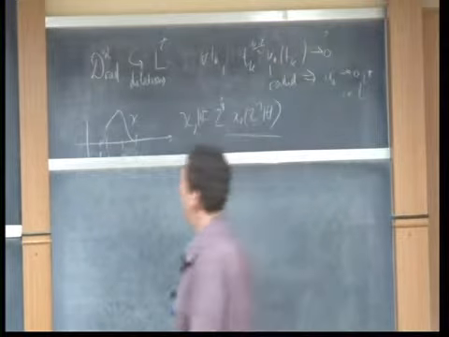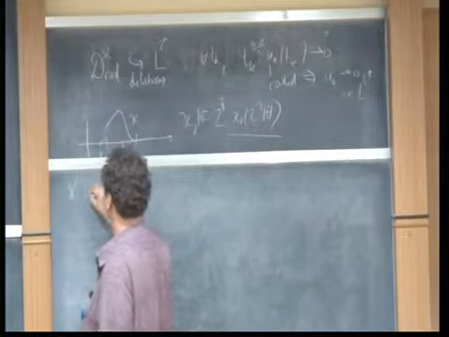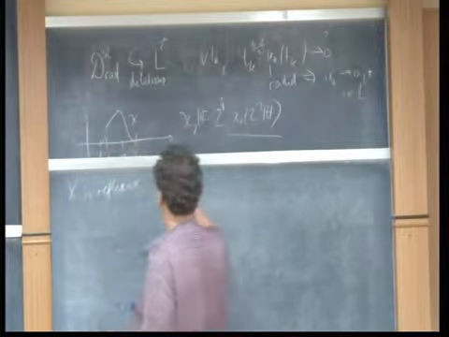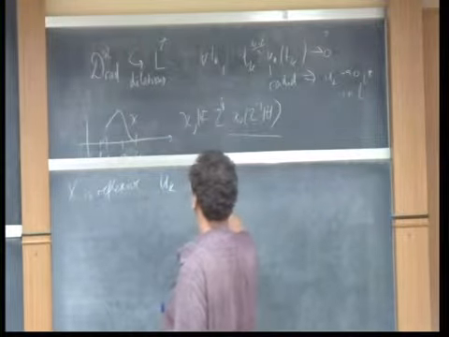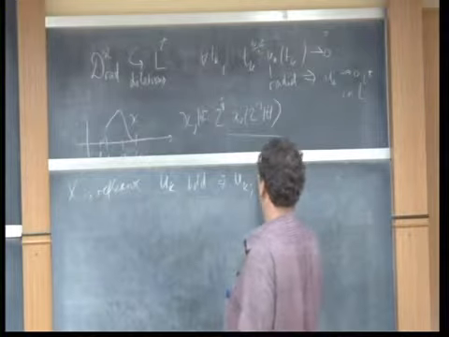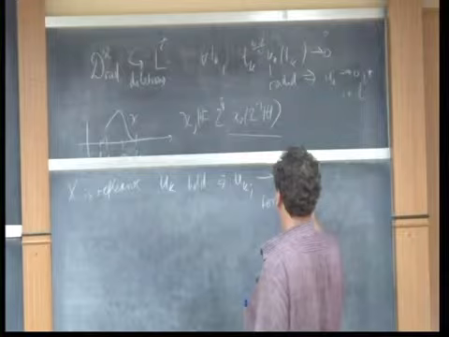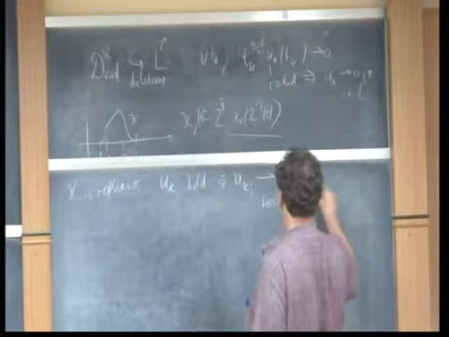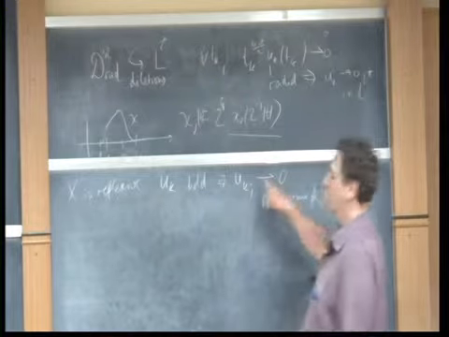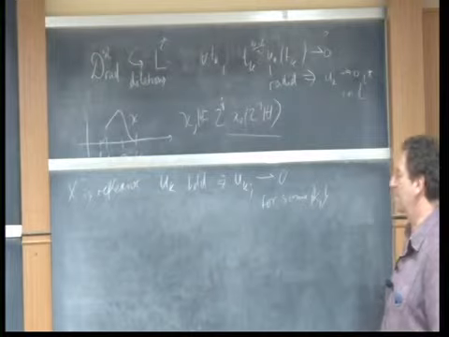And of course, a statement: the Banach-Alaoglu theorem says that if X is reflexive and u_k is bounded, then u_{k_j} converges weakly to some u for some subsequence j. So if there is a compact embedding, this will imply that in the norm of the target space we get convergence.